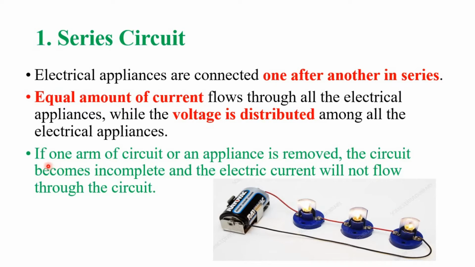In this series circuit, if one arm of the circuit or an appliance is removed or damaged, the circuit becomes incomplete and the electric current will not flow through the circuit. So if this first bulb happens to fuse or get damaged, the other bulbs will also not glow, or the other appliances will not function.